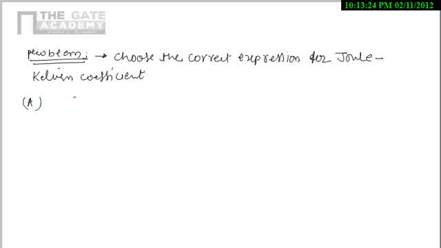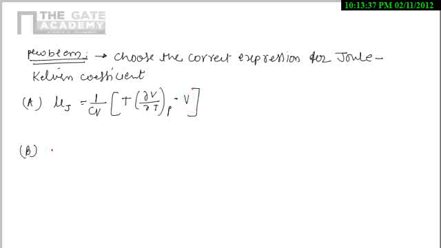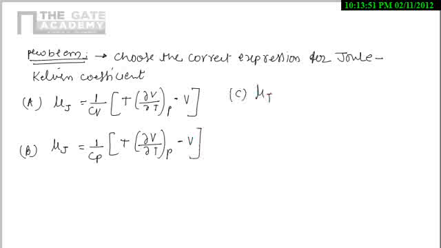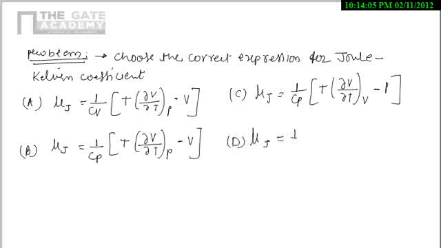A: mu j equals 1 by Cv T del V by del T at constant pressure minus V. The B option: mu j equals 1 by Cp T del V by del T at constant P minus V. C option: mu j equals 1 by Cp T del V by del T at constant volume minus P. And D option: mu j equals 1 by Cv T del V by del T at constant volume minus P.